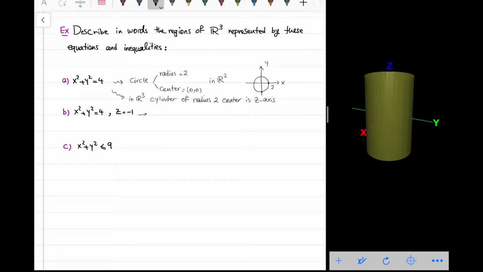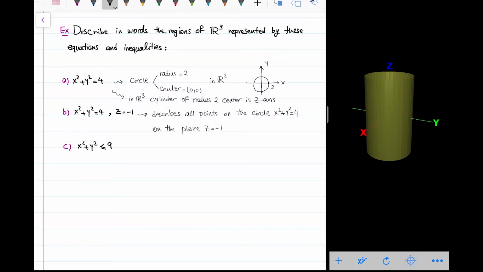So this in R3 describes all points on the circle x squared plus y squared equals 4, but they are all on the plane z equals -1. So how does it look?